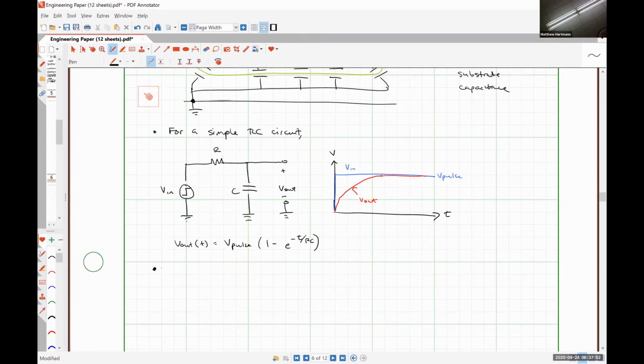So the first thing that we're going to do is define what's called the delay time as the time it takes the output to reach 50% of the input signal level.